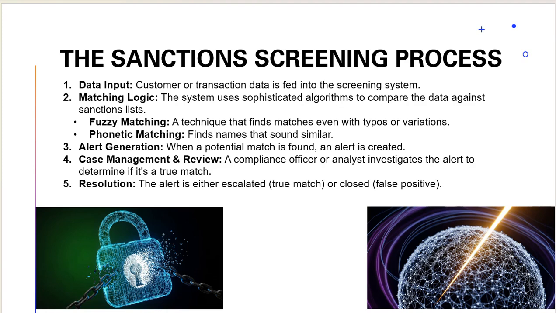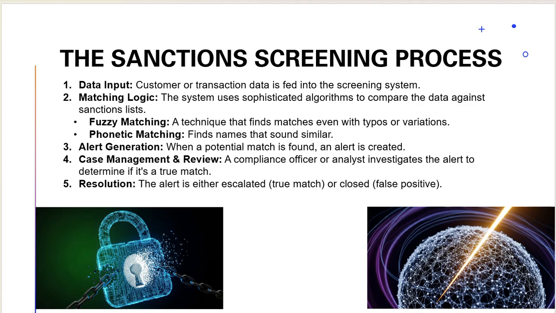On that basis, if the system finds fuzzy or phonetic matches between the core banking or CRM list and the sanction list, it will generate alerts. When the system finds a potential match, it creates an alert.